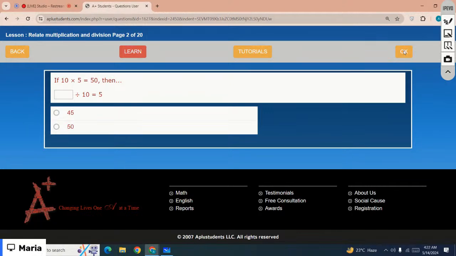Which is the correct option? The correct option is yes, 50 it is.